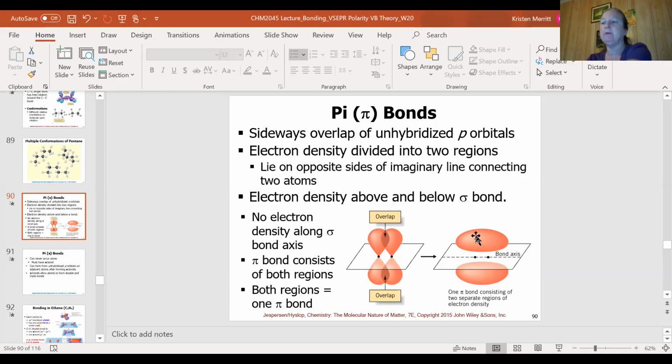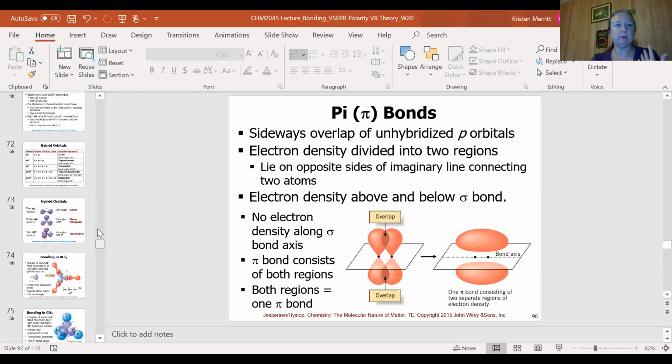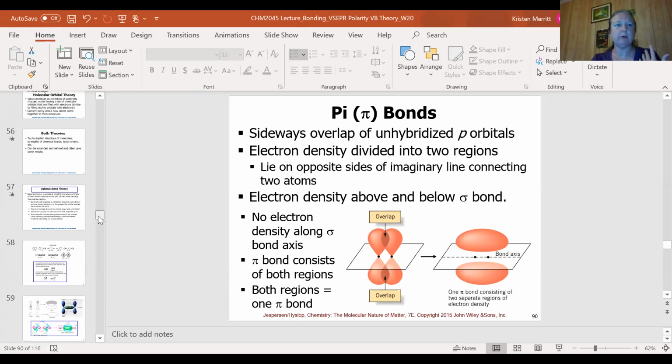So this would be an example of a double bond because the single bond is the sigma, right? Sigma, single. The second bond is this pi bond above and below. If you have a triple bond, where's that picture? Let's go all the way back up here.